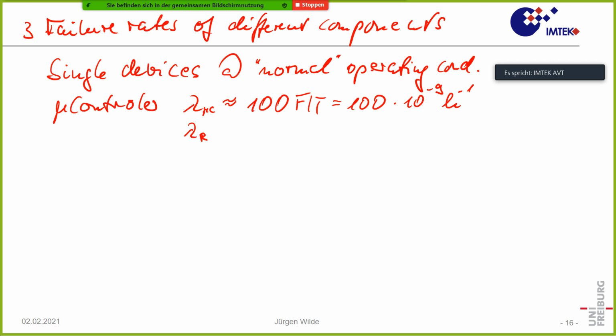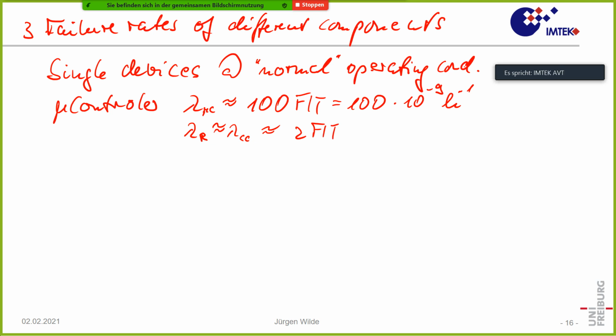For a small, let's say, chip resistor or a small ceramic capacitor, what would be a typical order of magnitude where it fails? Yeah, okay. Let's say two. I would say okay. It could also be one fit.